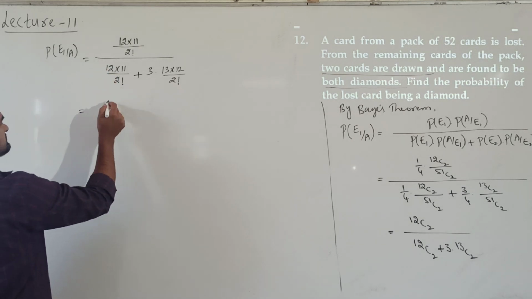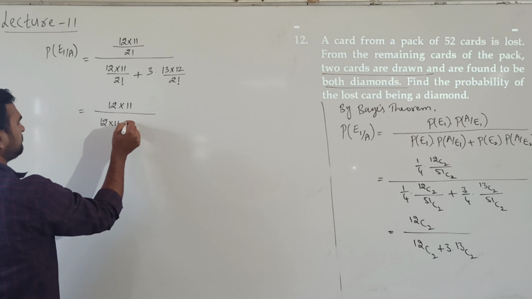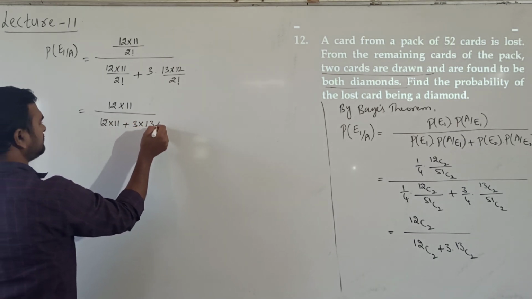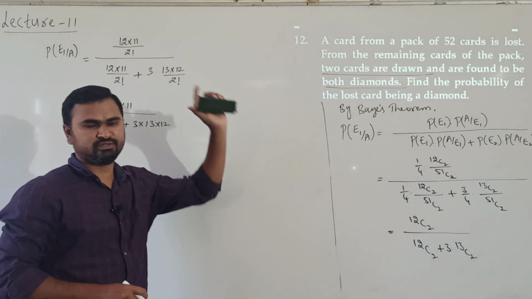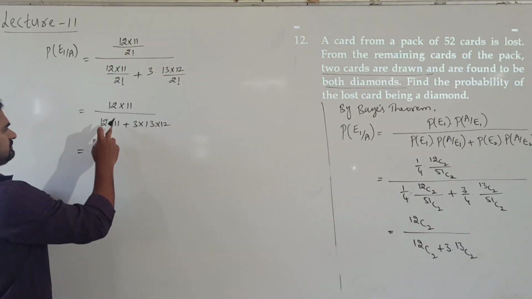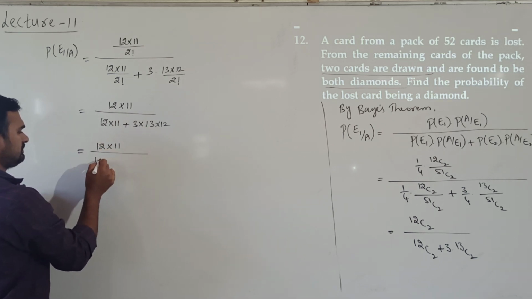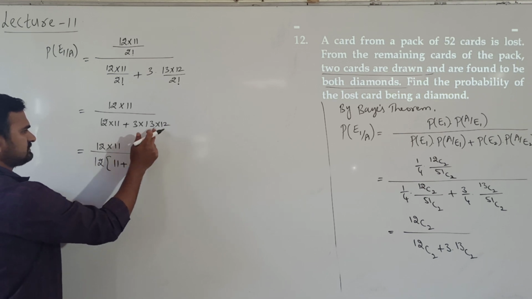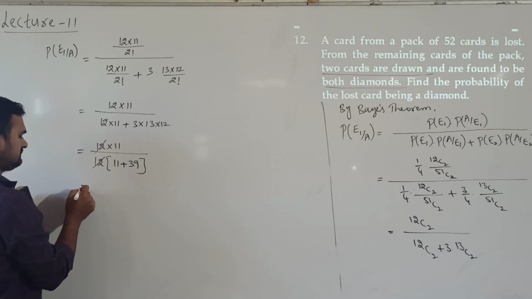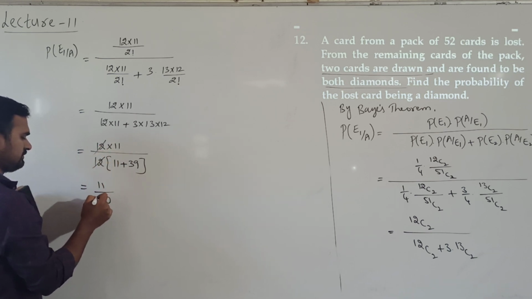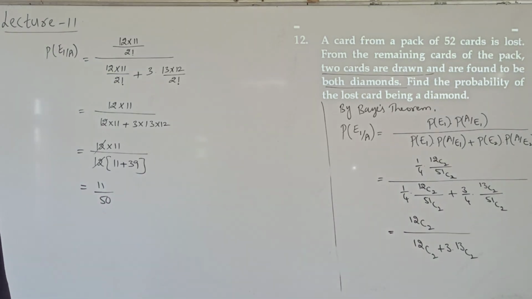So 2 factorial will get cancelled, numerator and denominator. 12 into 11 divided by 12 into 11 plus 3 into 13 into 12. Now 12 is common in numerator and denominator. 11 plus, 12 common means 13 into 3, 39. So 12 cancelled. It is 11 by 50. So required answer is 11 by 50. Understanding?